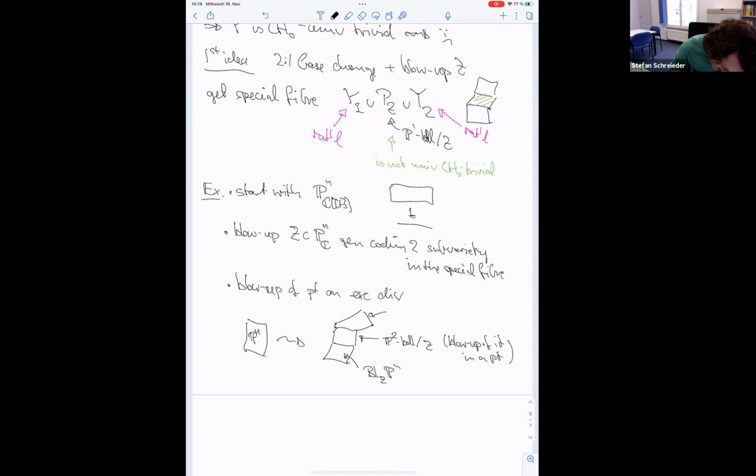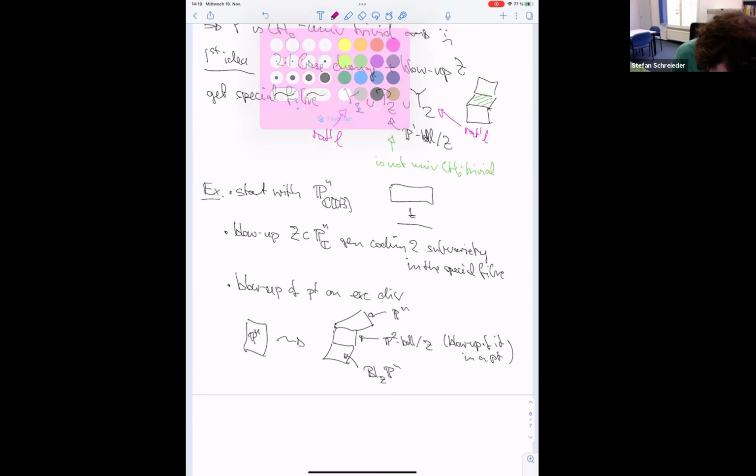And this last exceptional divisor is a Pn. And now you see we are exactly in the same situation as before.